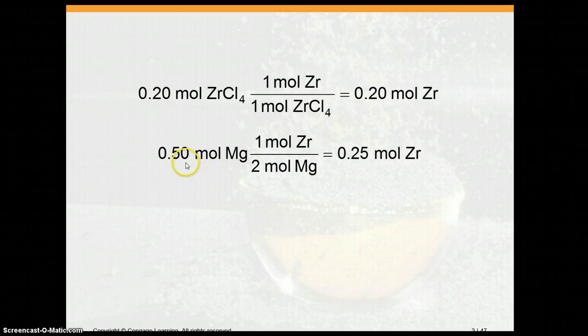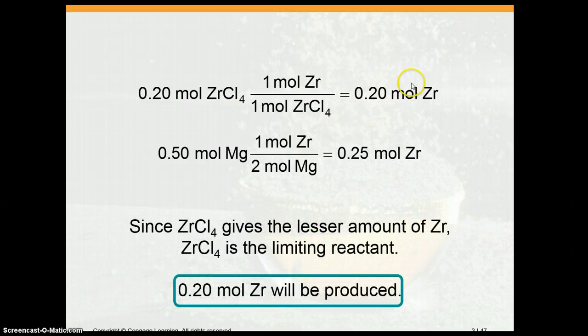And from 0.5 moles of magnesium, I can produce 0.25 moles of zirconium looking at the coefficients. Since a smaller amount of zirconium is produced in the first process, zirconium chloride would be my limiting reactant. And furthermore, the amount produced, or the yield produced, is the smaller quantity.